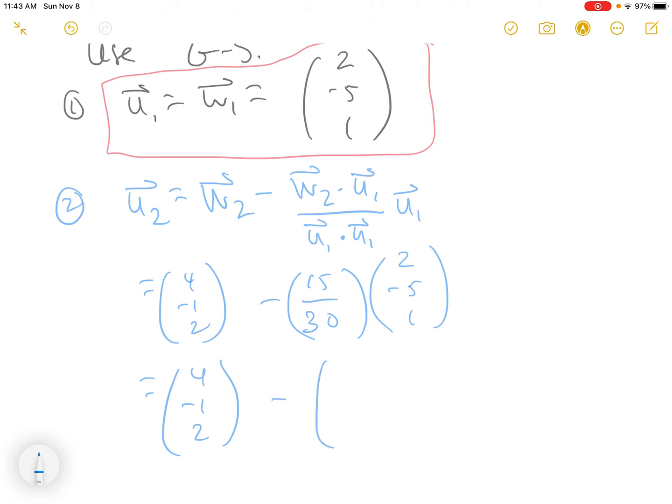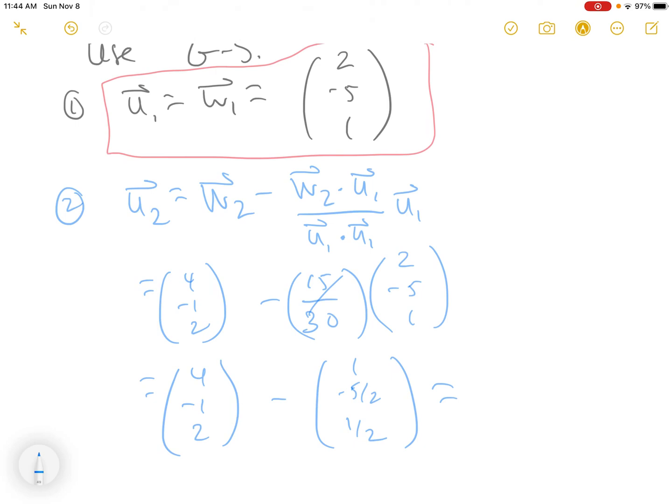So this becomes 4, minus 1, 2 minus, so this is 1/2, so 1, minus 5/2, 1/2.